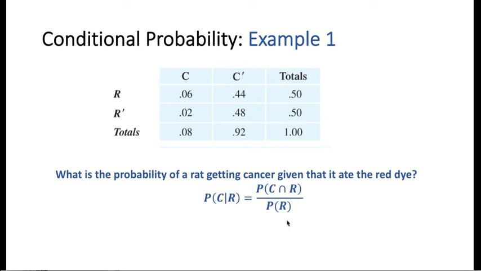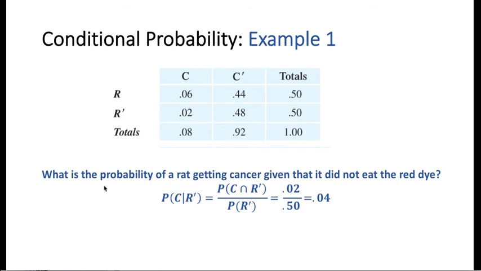All of those values can be found in the table. The numerator is cancer and red dye, which is 0.06, divided by the probability of the red dye, those rats that ate the red dye, which is 0.50. So it's 0.06 divided by 0.50, which is 0.12.